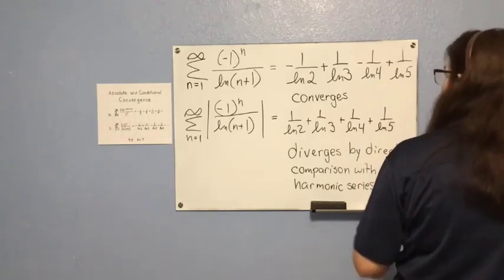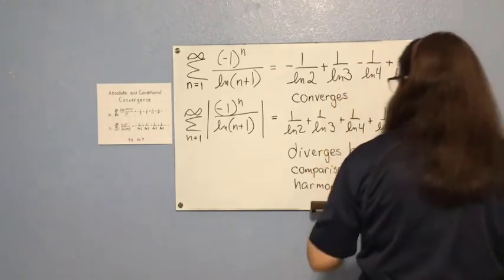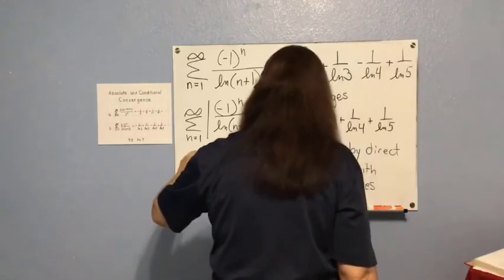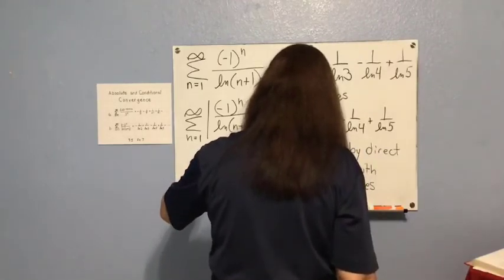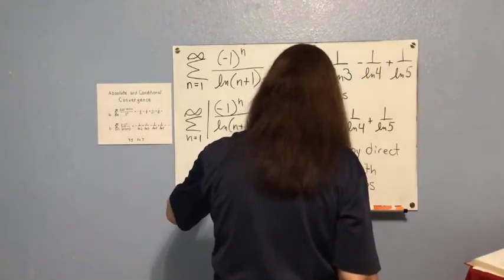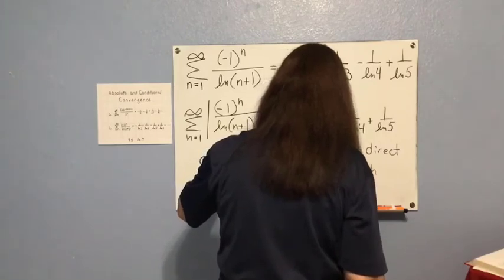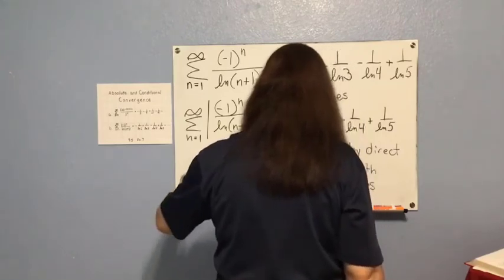Okay, so this part converges, but this part diverges, so we say that this is conditionally convergent.